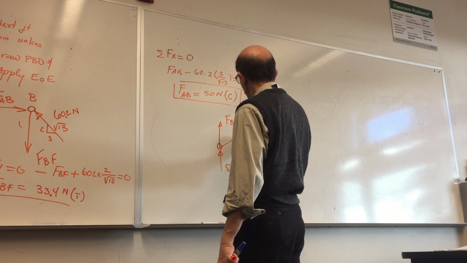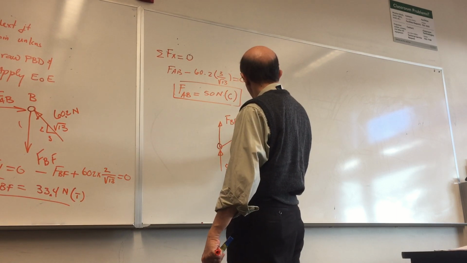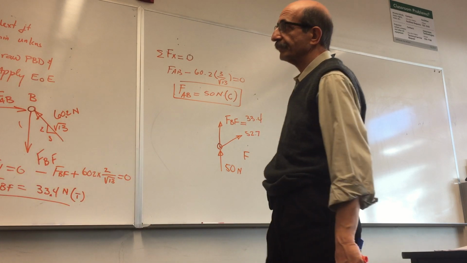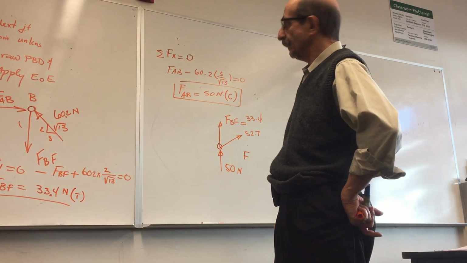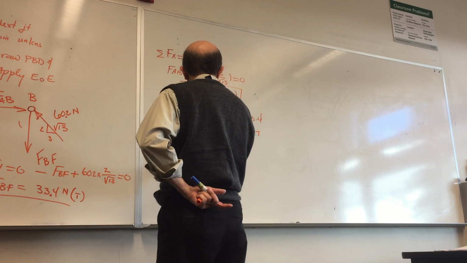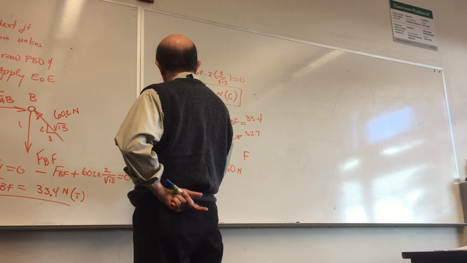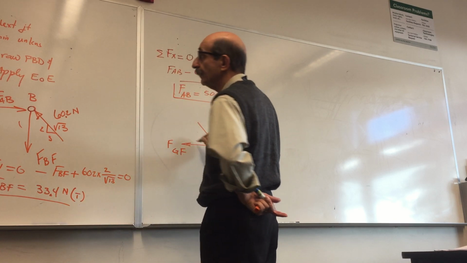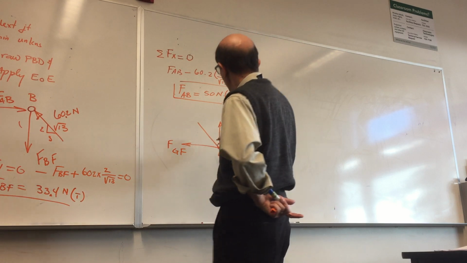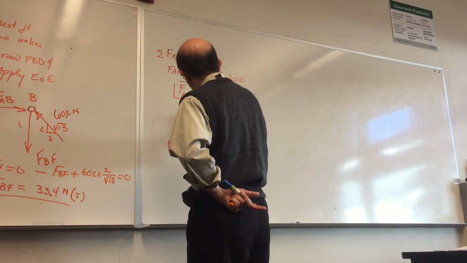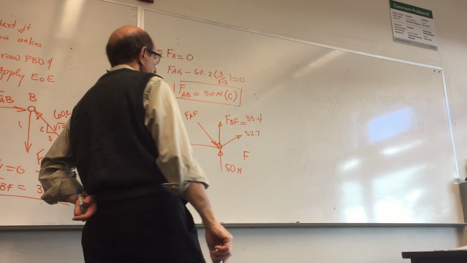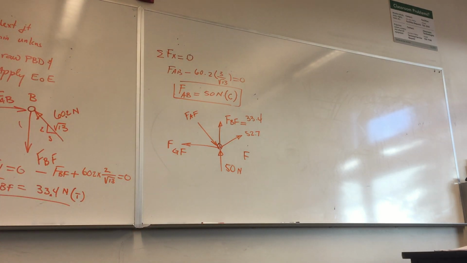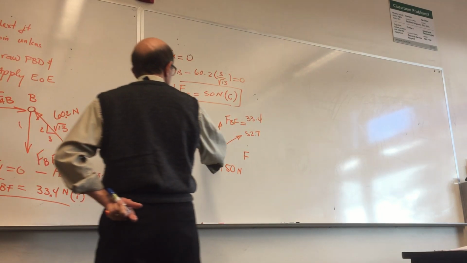So this is FE is 52.7, okay? And let's say this is force of GF that we need to find, and this is the force of AF. Okay. So that's it. And the slope here, this is 3 and this is 3, so this is 1, 1. So this is 45 degrees.